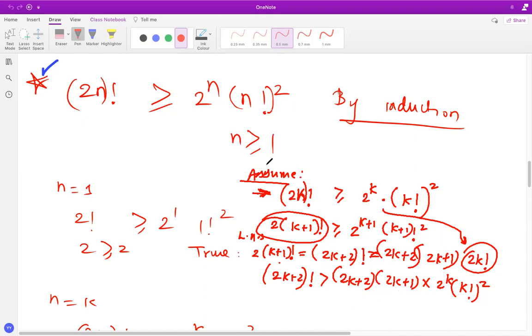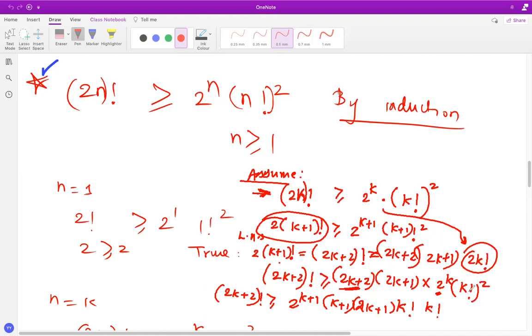Next is what I want. I want 2 raised to k plus 1. If I take 2 common from here, you can clearly see that (2k+2)! is greater than, if I take 2 common and multiply with this 2^k, it is going to be 2^(k+1). So here we are left with (k+1)(2k+1) times k! times k!.